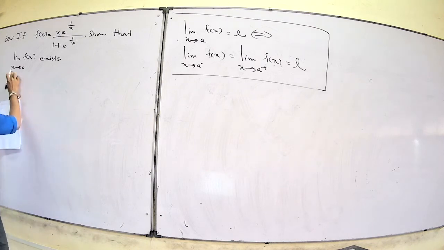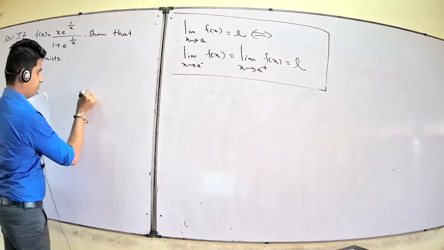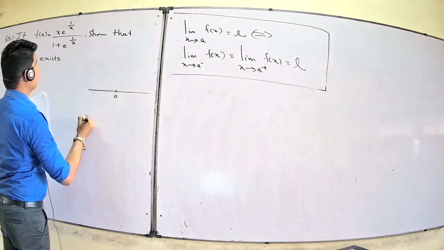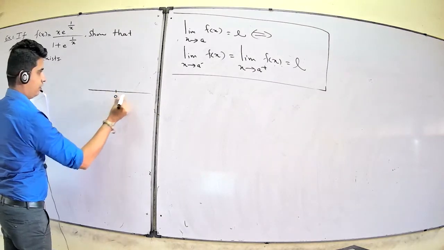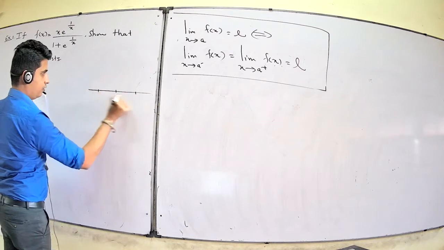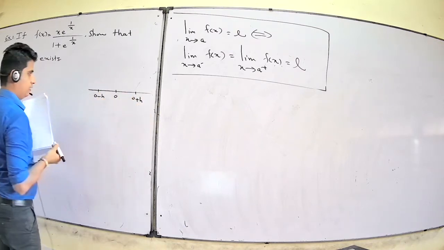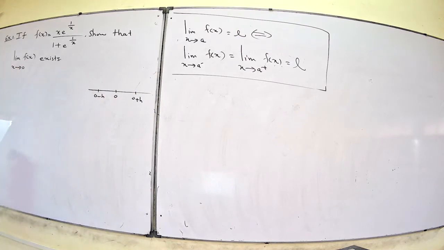Here your point is x tends to 0. Then you can find some points here: 0 plus h, 0 minus h, where h is positive.